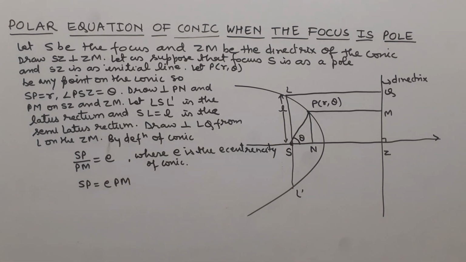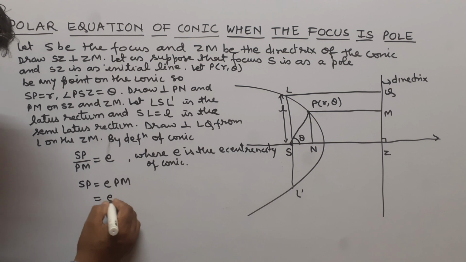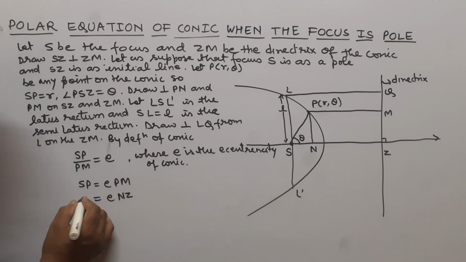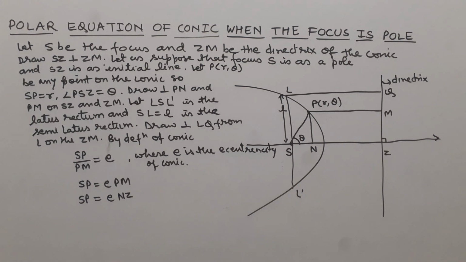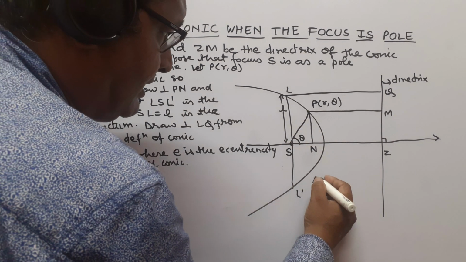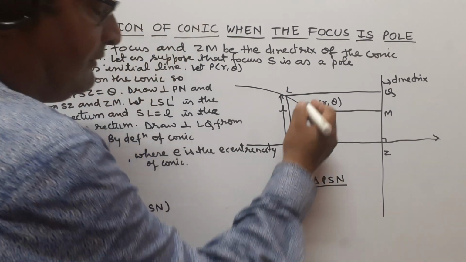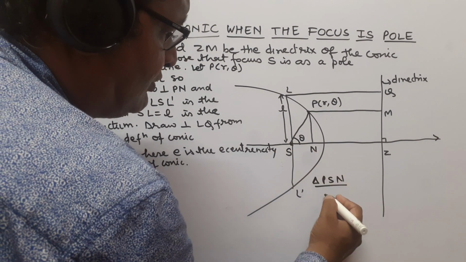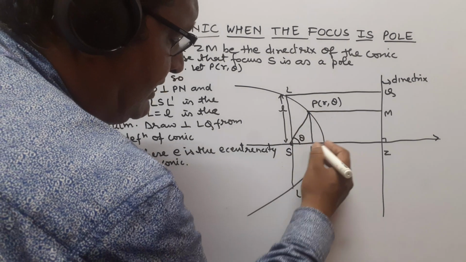You can see from the figure PM is equal to NZ. So in place of PM we write NZ. NZ can be written as SZ minus SN. From triangle PSN, SP is equal to small r, and we find SN.